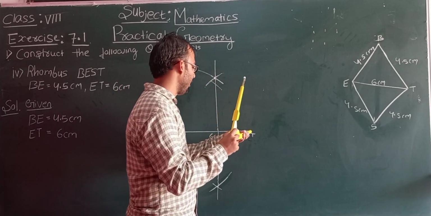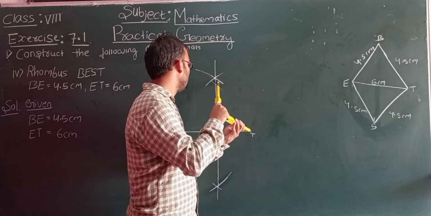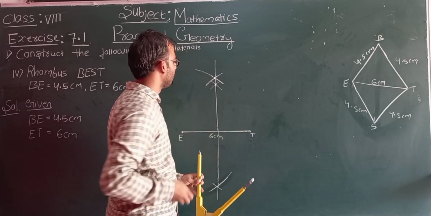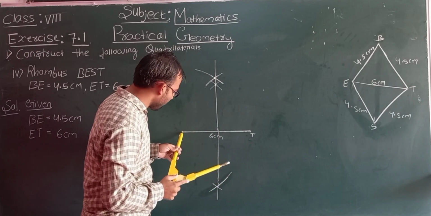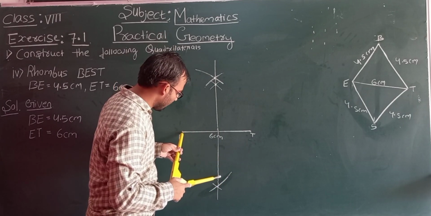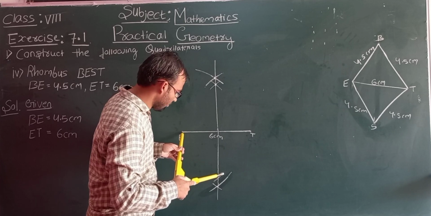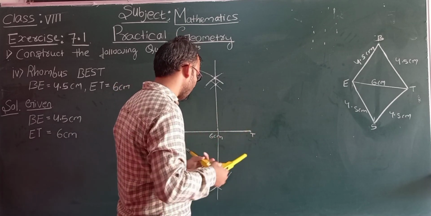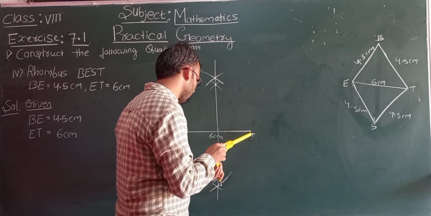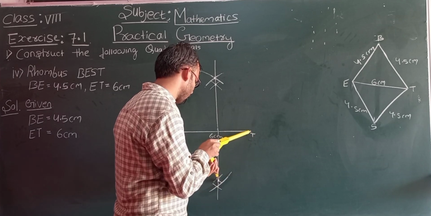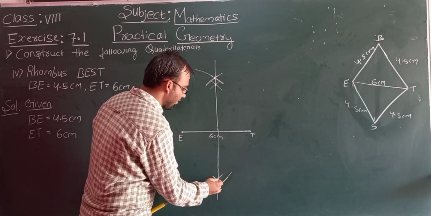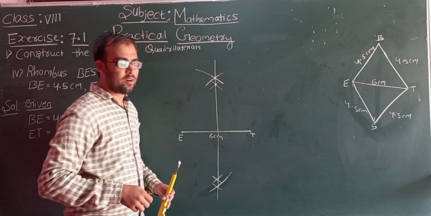From T, mark the arc, so this point. Again from E, mark the arc, and next from T again. Mark the point of intersection.